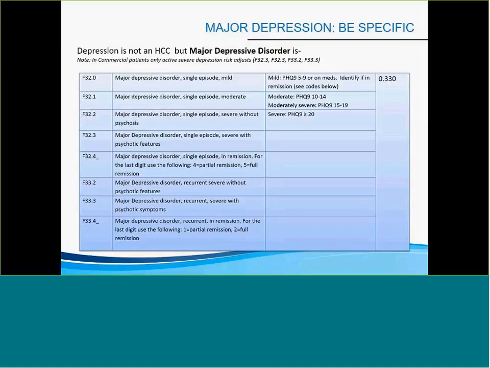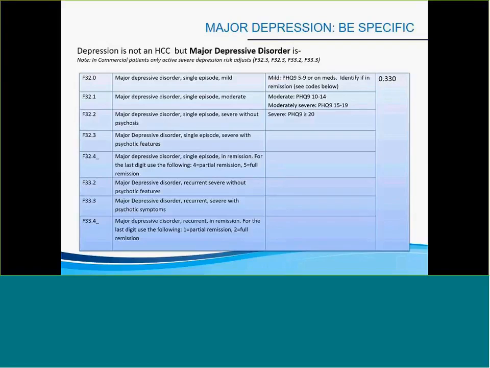I'm sure you have a lot of patients who are depressed. You see that the HCC code on the right is 0.33, which makes no sense. That's a fairly high HCC code, and that would be about $1,300 a year for having somebody depressed. With the definition of depression, some of which is clinical judgment, but certainly anybody on medications for depression or who has a depressed PHQ-9 scale, which I encourage you to use, is depressed.